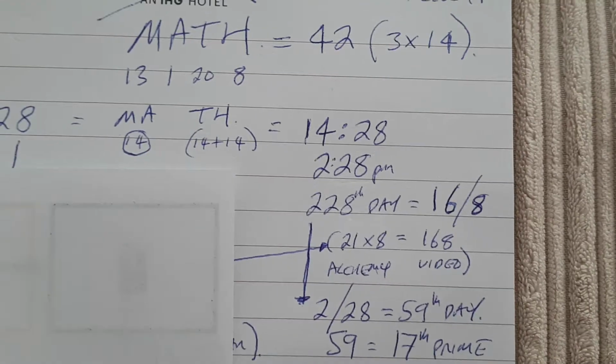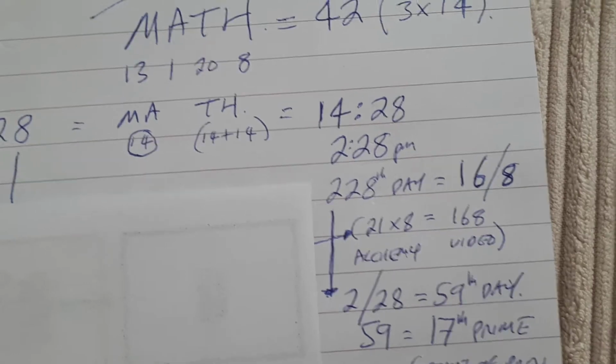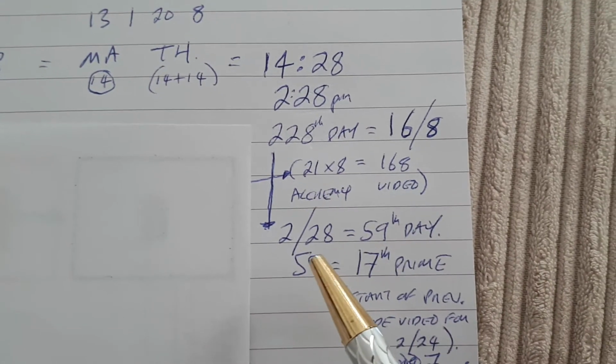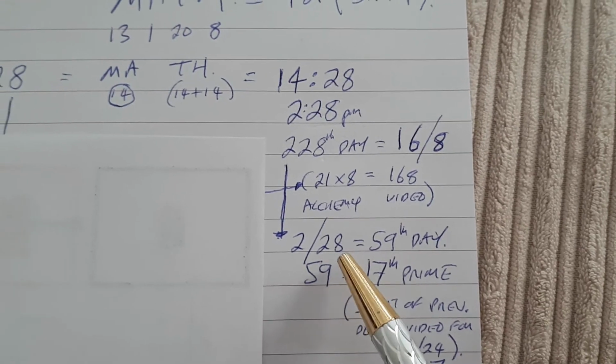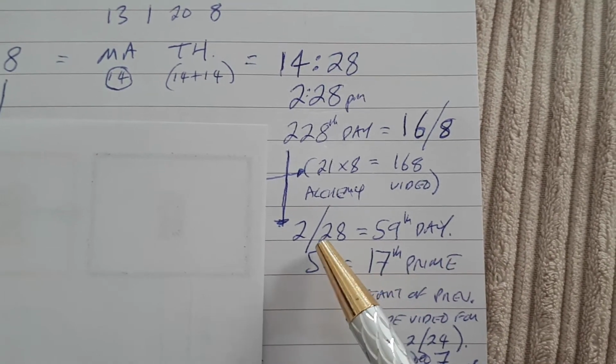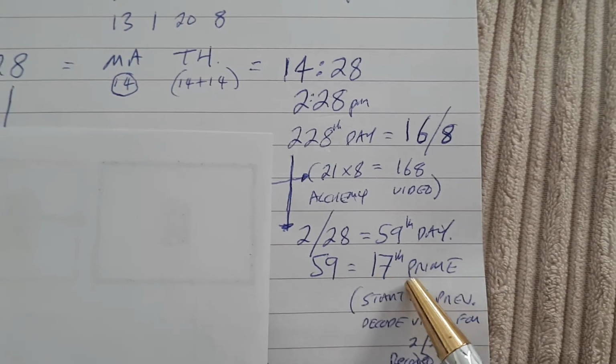Moving down quickly, for 228, dear. Keeping 228 then. February 28th, 59th day. Yeah, 31 for January, add 28, 59. 59 is the 17th prime.